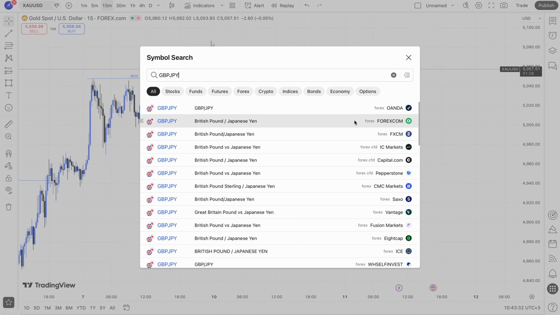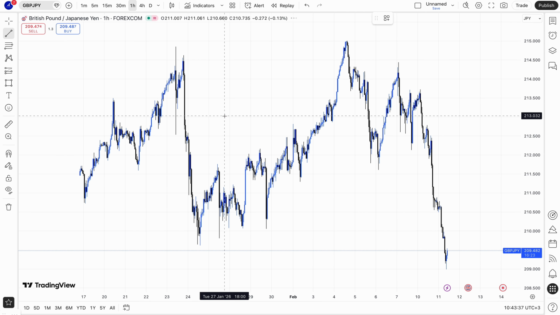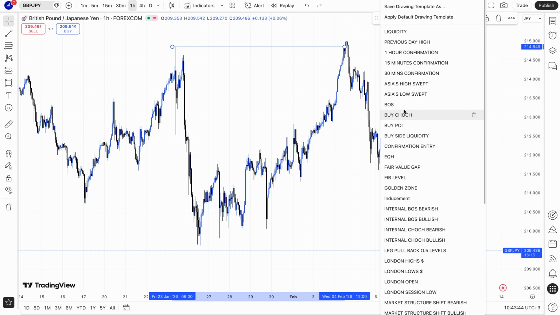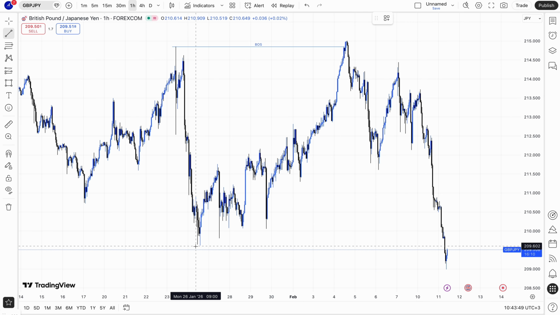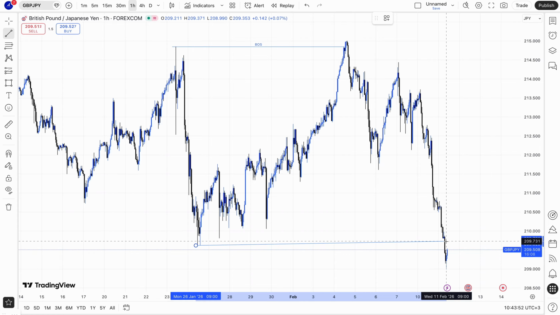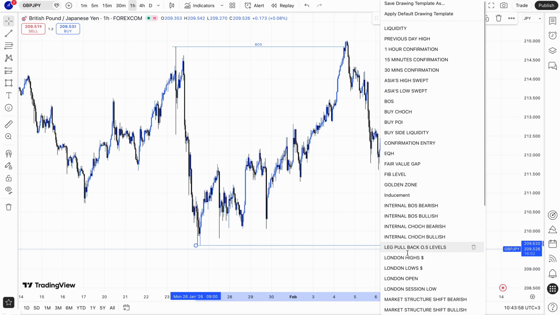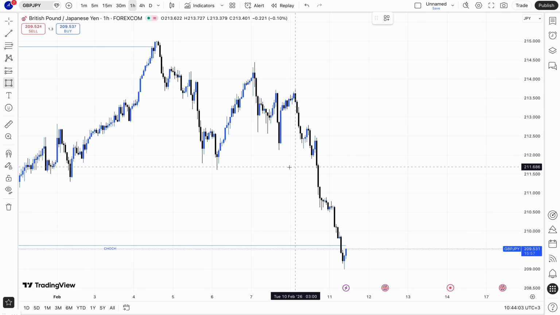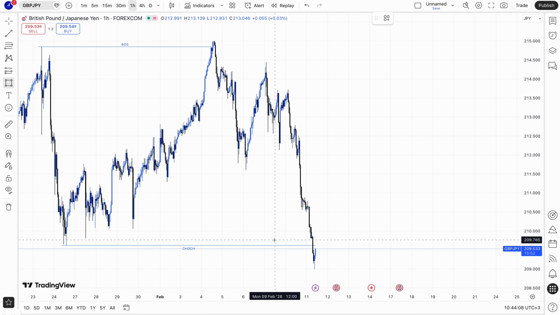And then the GJ have our break of structure to the upside. Then we had our change of character to the downside, and you can see our POI, have a lot of them.